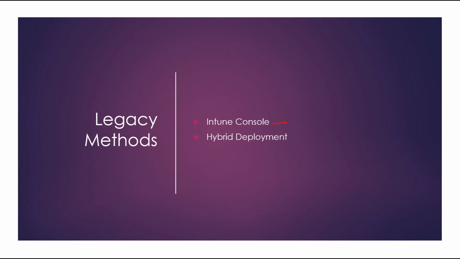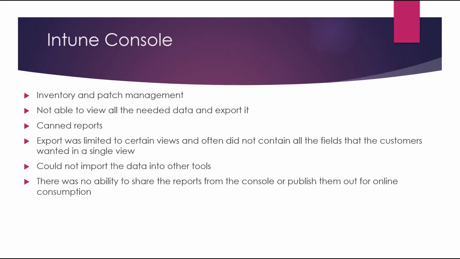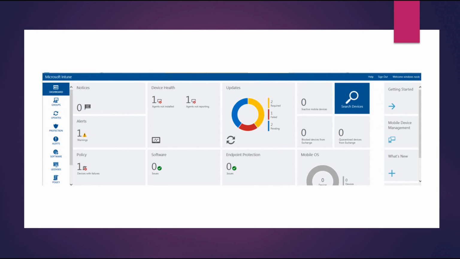Back in 2014, 15, 16, if you had a chance to play with the Intune console, it looked way different. That console was referred to as the Silverlight portal, and it looked something like this.